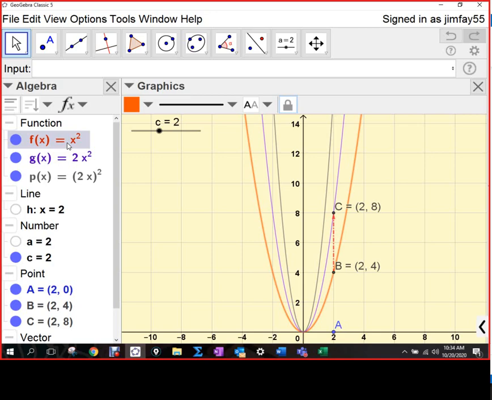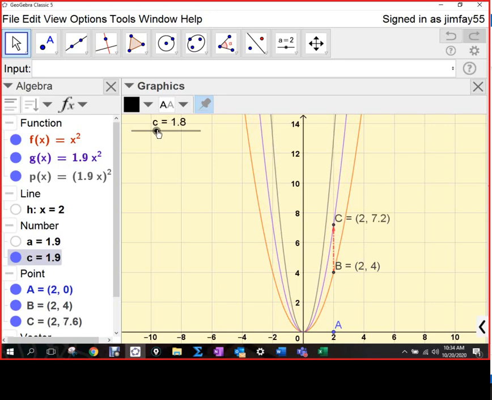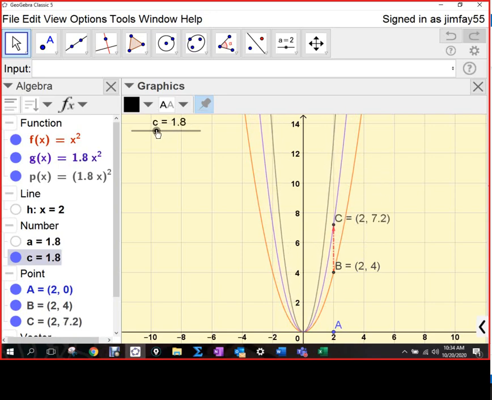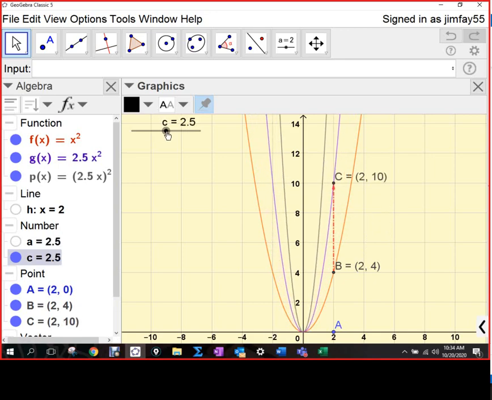The purple one's a vertical stretch, and the gray one is actually a horizontal compression. Now here's my question. When I do that, do they both look like they're vertical stretches? Okay, so that gets confusing, right? And because of that, I'm not going to give you any questions that ask you algebraically to navigate whether it's a vertical stretch or a horizontal compression.